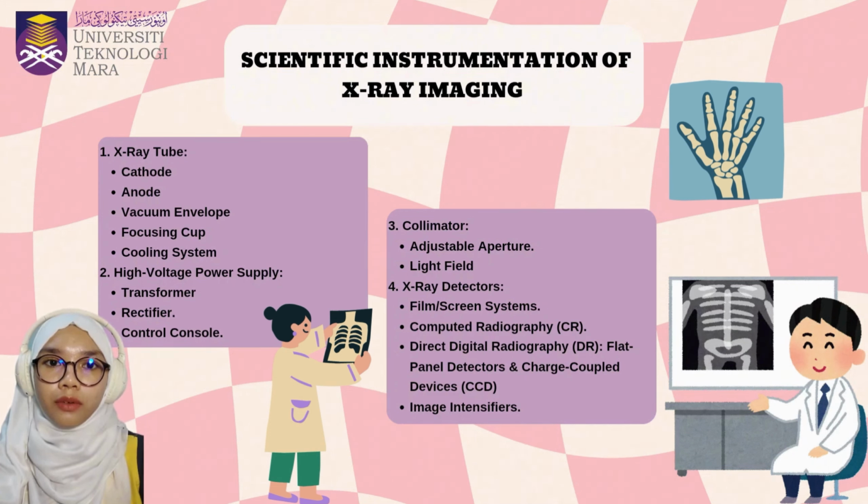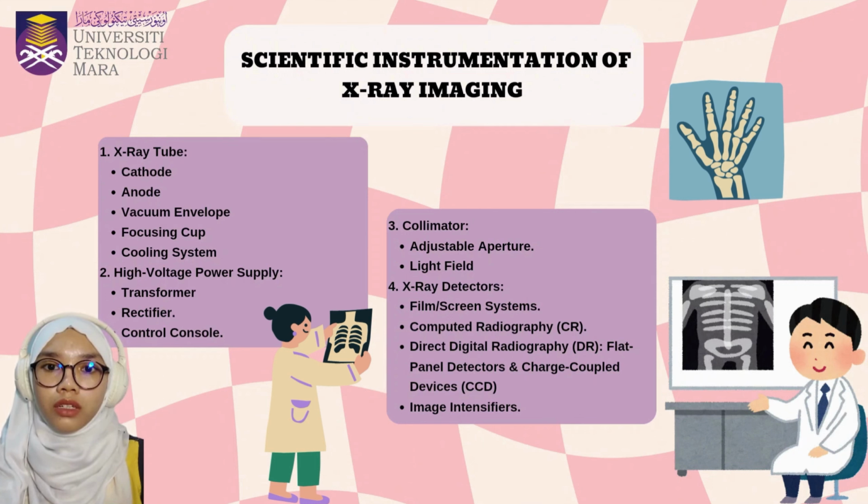It has transformer, step up the voltage from standard power supply to high voltage required for X-ray production, typically 30 to 150 kV. Second, rectifier, convert AC to DC to provide a consistent voltage to X-ray tube. Third, control console, allow the operator to adjust voltage, current, and exposure time.